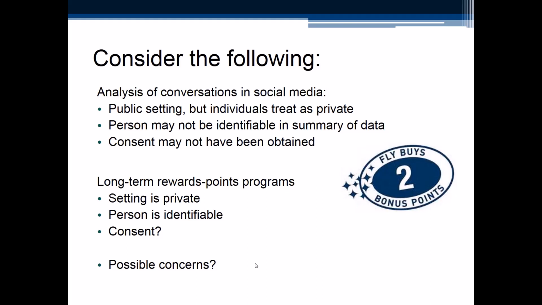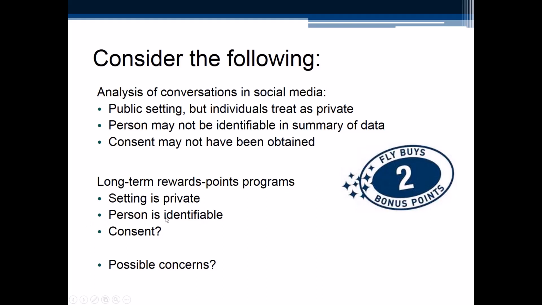One that people don't tend to think of in terms of being observed in their behavior is these loyalty programs that many of us are part of. So things like Flybuys and Woolworths Everyday Rewards points. When we make a purchase, often those purchases can be very private, so we can say that's a private setting.